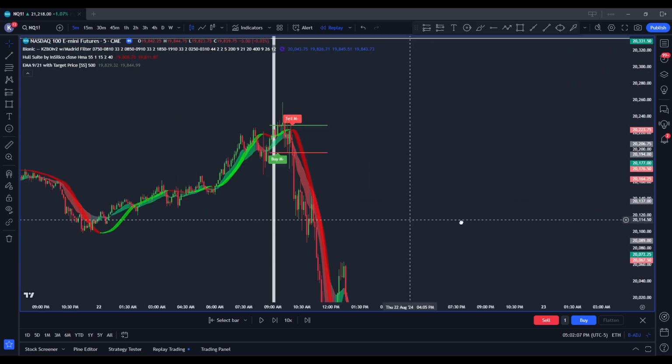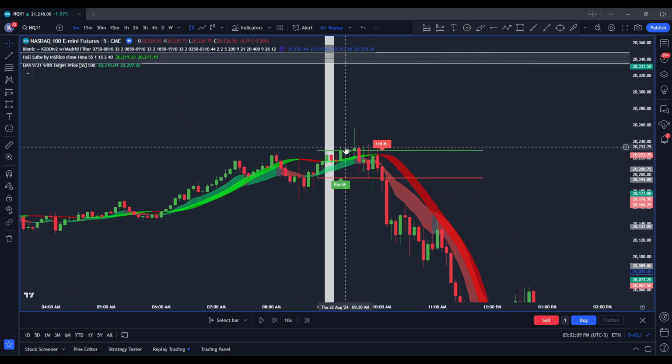All right, let me pause this. All right, cool. So this day we actually took a buy and we lost a buy. So August 22nd would be -1, right? -500 loss. And then we do August 22nd again, +4, 2K profit.